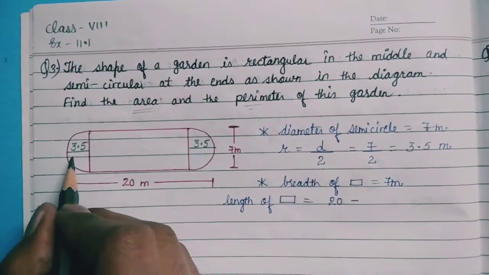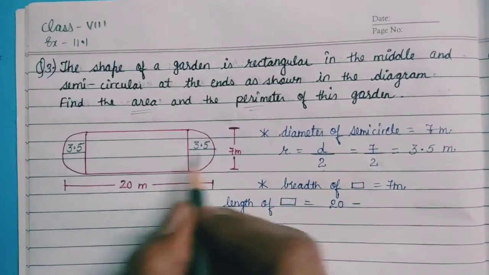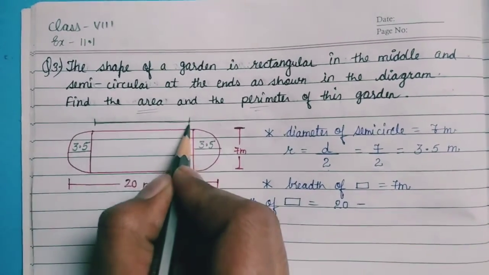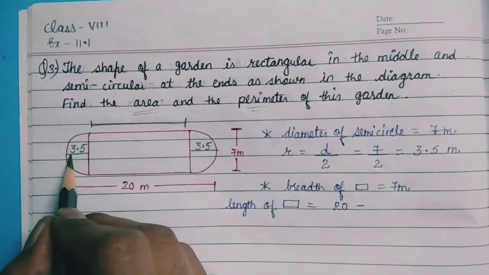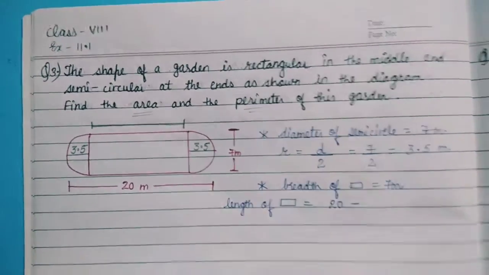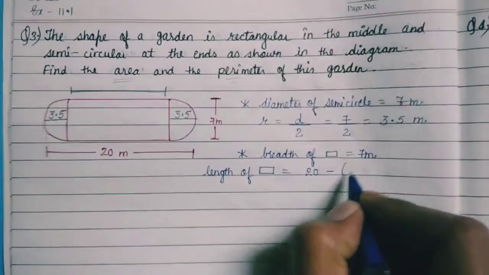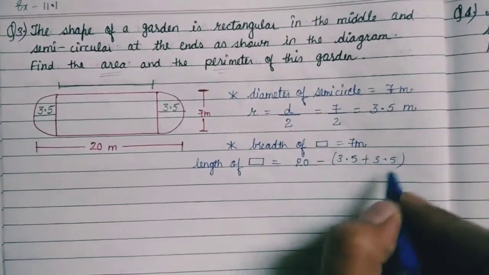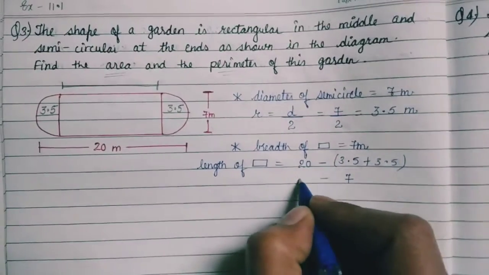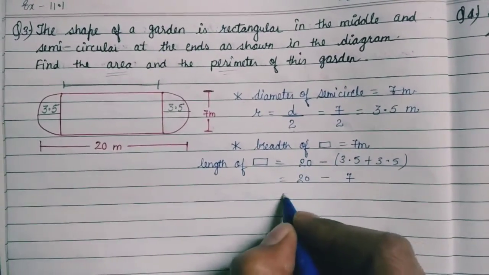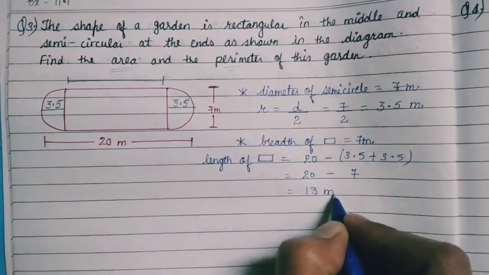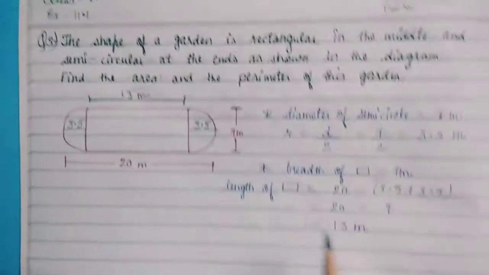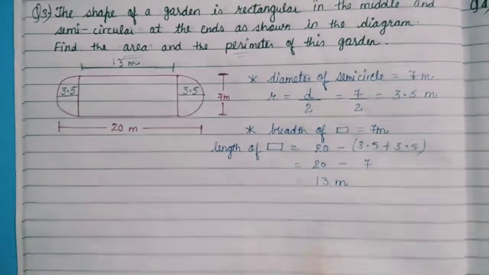When we reduce both sides by 3.5, we will get the length from here to here. 3.5 plus 3.5 gives us 7, and when we subtract 7 from 20, it will give us 13 meter. It means that the length of the rectangle is 13 meter.